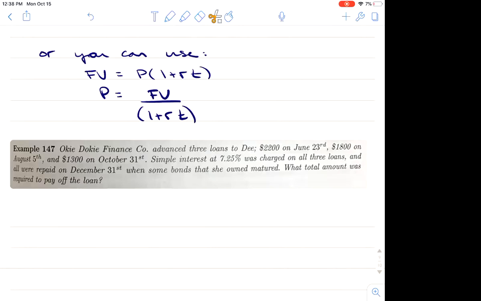So we're going to have June 23rd, August 5th, October 31st, and then finally, they're all repaid on December 31st. So the first thing you're going to do is map out these 4 dates.